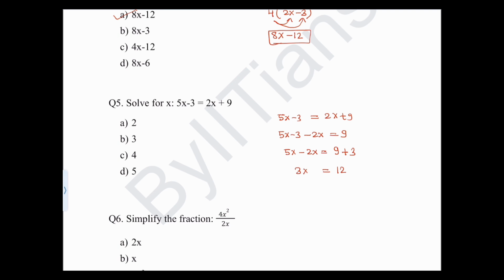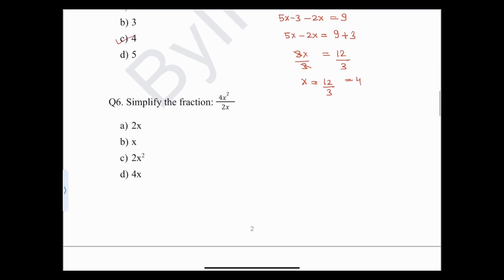Now we can divide both the sides by 3, and after dividing, this 3 and this 3 can cancel each other out. So x is equal to 12 over 3, or 12 divided by 3. Now this will give you 4. Hence 4 is the correct option.